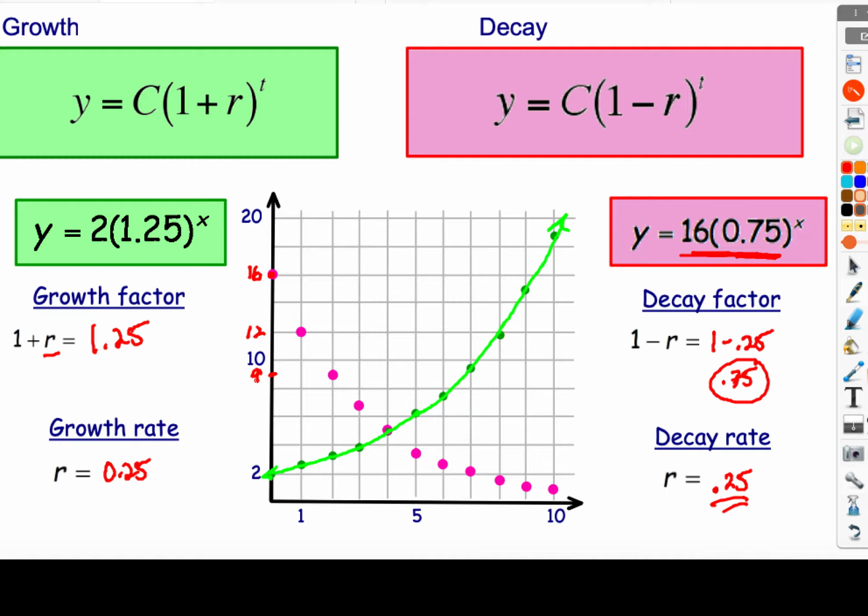But notice, we're still multiplying by a positive value. So no matter what, our number is going to stay positive. Positive number times a positive number, we're going to stay above 0 every single time.